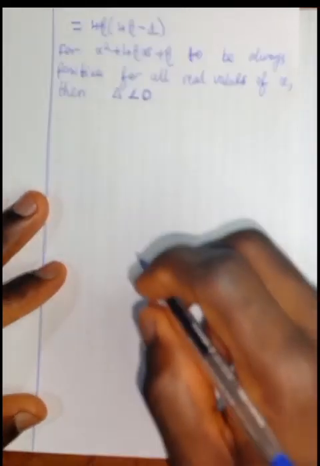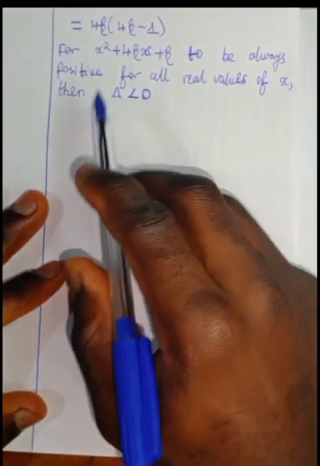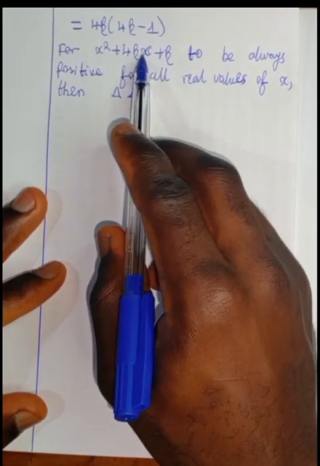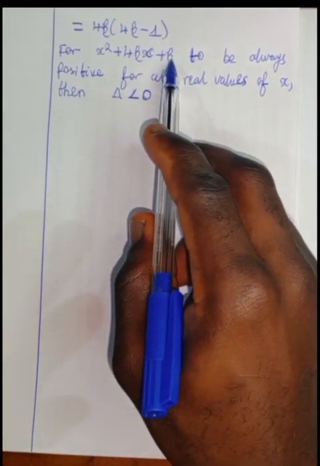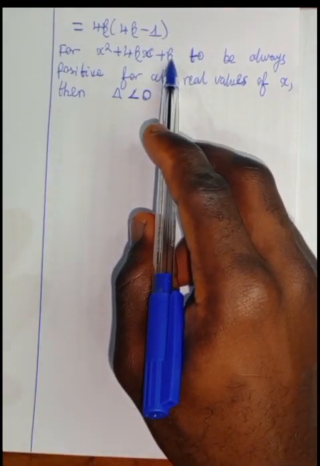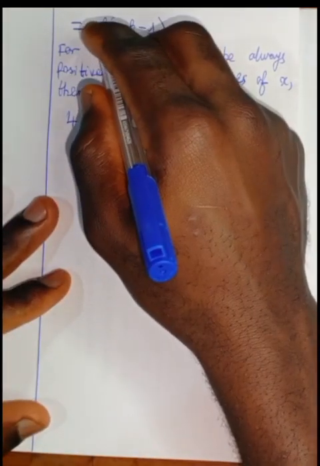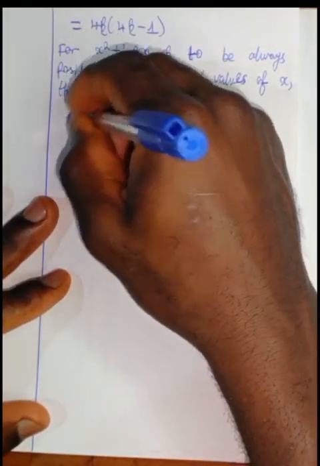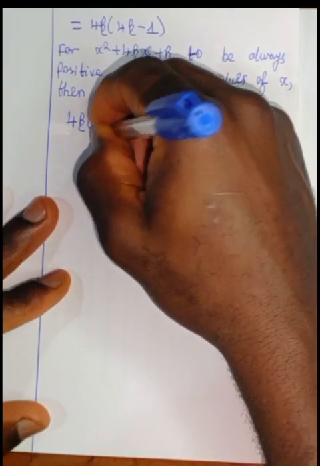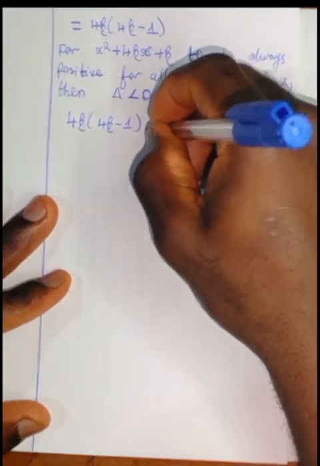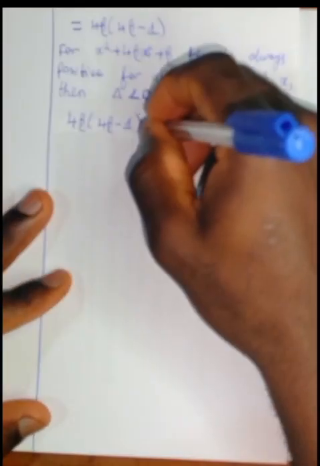It is positive for all real values of x. That means if you draw the curve of y equal to x squared plus 4 beta x plus beta, the curve does not touch the x-axis. It simply means this discriminant, 4 beta times 4 beta minus 1, is less than 0. That's what it means.